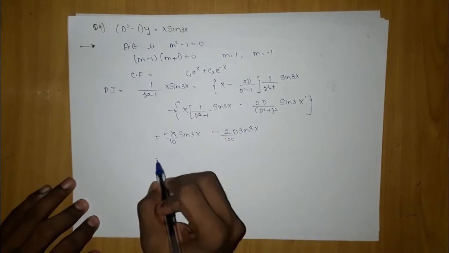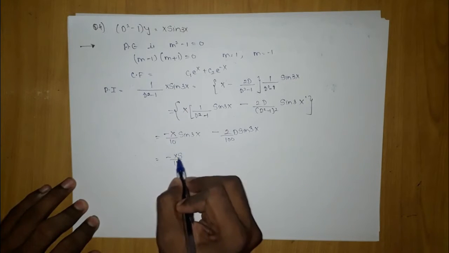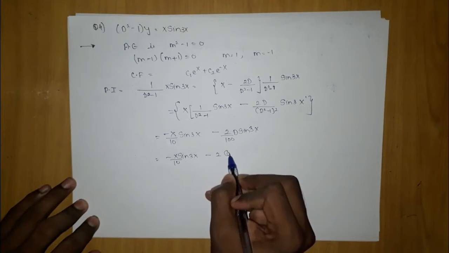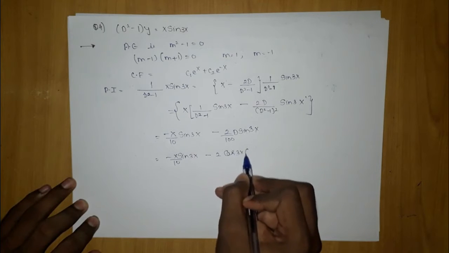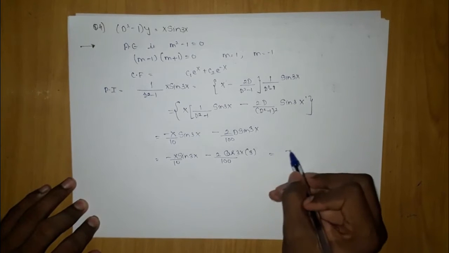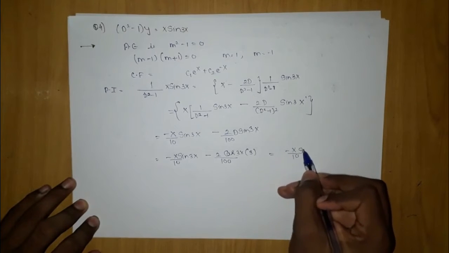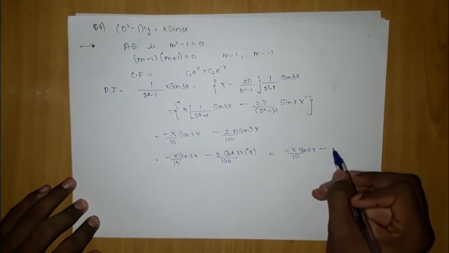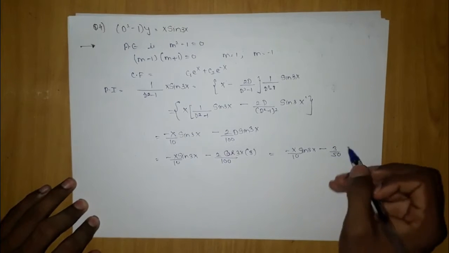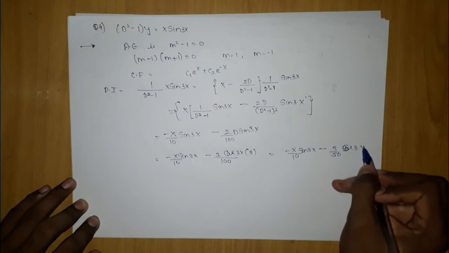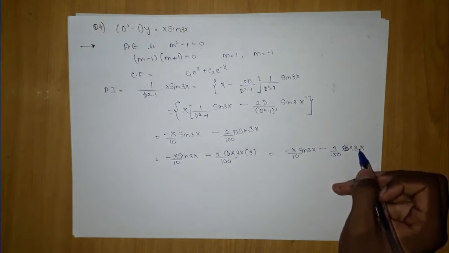Now we will differentiate this: minus x by 10 sine 3x, and 2 cos 3x into 3 by 100, which will give me in the end minus x by 10 into sine 3x minus, the 2 will cancel out, 3 by 50 into cos 3x. So we are having this as our answer.